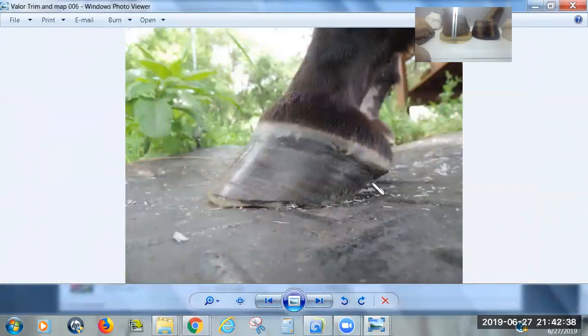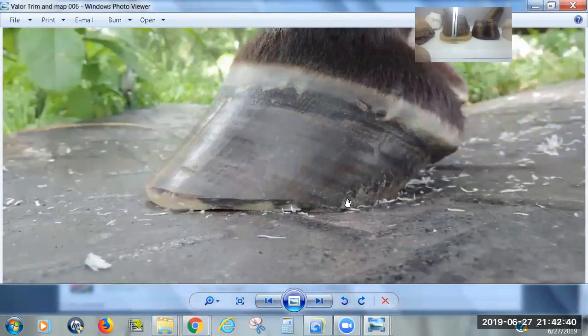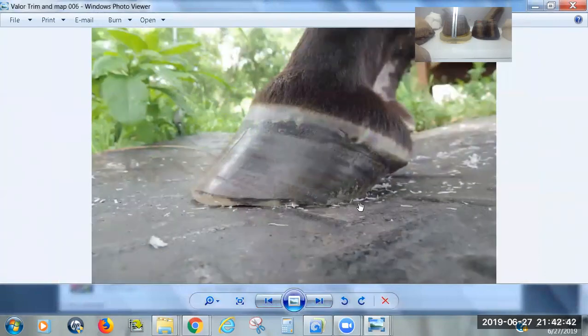Now, really, if you look at the bottom of his heel, he's got a good base of support back here. Look how far back it is. A lot of horses, you see their heels are clear up here. Now, if this periople and frog skin decided to attach, it would look just like that.